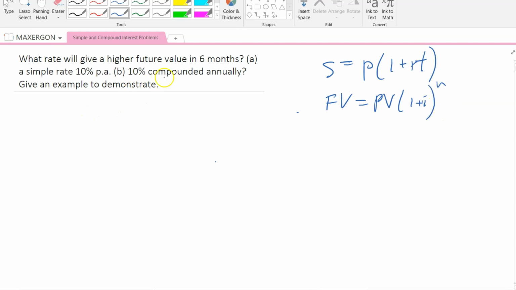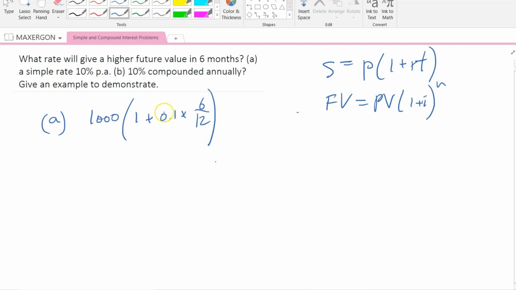So let's solve this problem right now. So for A, let's take amount of $1,000. It doesn't matter what amount we take actually to demonstrate which rate will give higher future value, but we'll take $1,000 for convenience. 1 plus 0.1 times 6 over 12.